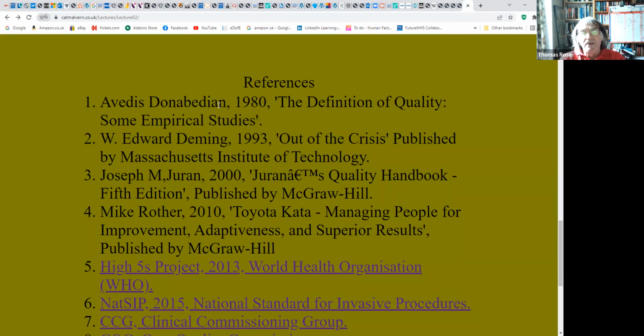But the current major Bible is Juran's Quality Handbook. There's a new book called Toyota Kata, Managing People for Improvement, and that's got some really good, up-to-date views on quality management. And I've included some web articles here.